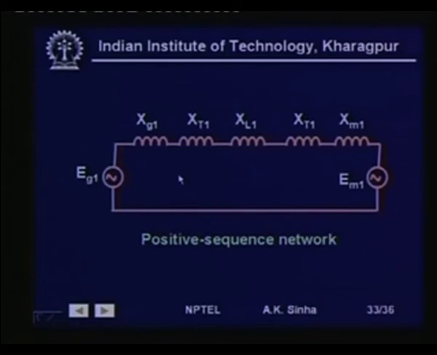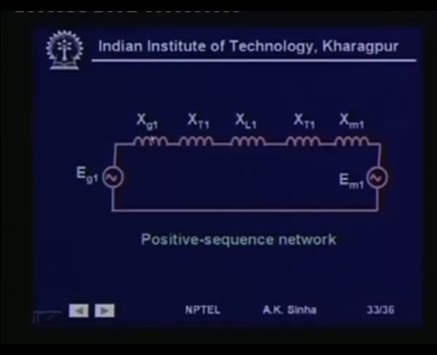So, now we make the positive sequence network. EG1 and XG1 give the network for the generator. XG1 will be the subtransient reactance of the generator, XT1 is the leakage reactance of the transformer, XL1 is equal to Zs minus Zm, that is the positive sequence impedance.